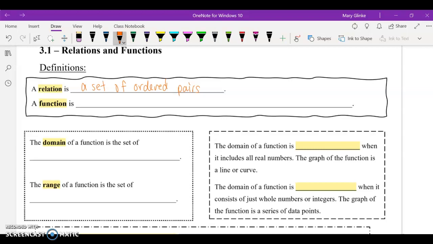A function, though, is going to be a relation in which each input has exactly one output.